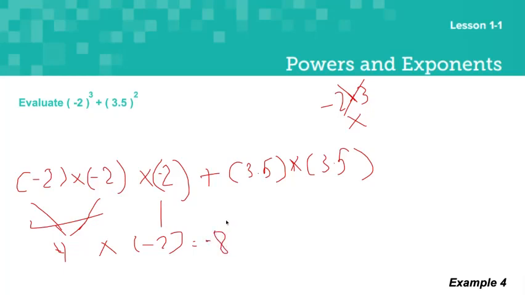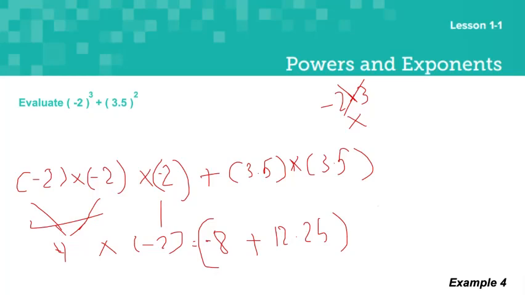Then we add this negative 8 to 3.5 multiplied by 3.5, which equals 12.25.